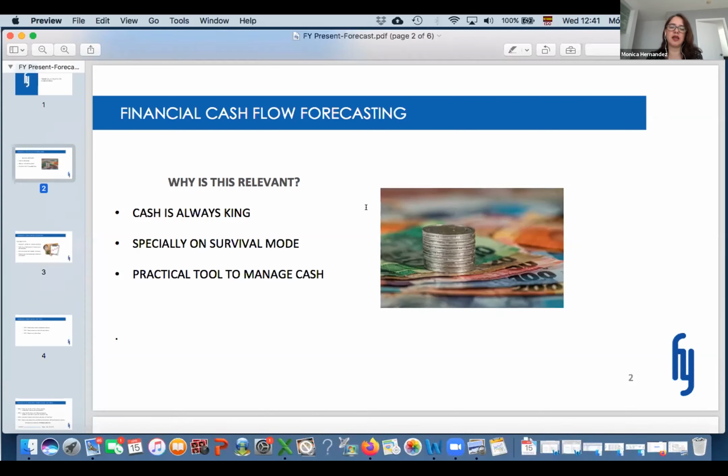You've probably heard the saying that cash is always king, and it certainly is, because it's the best financial tool you have to capitalize on opportunities or to cope with a crisis, especially in the survival mode we are in today. So during the next 10 minutes, I'm going to show you a practical tool for how to manage your cash flow in the very short term.